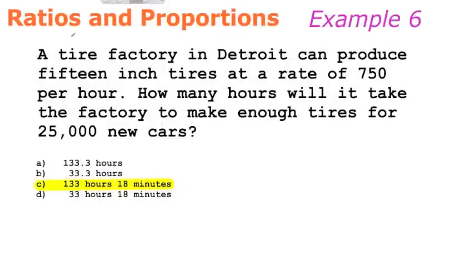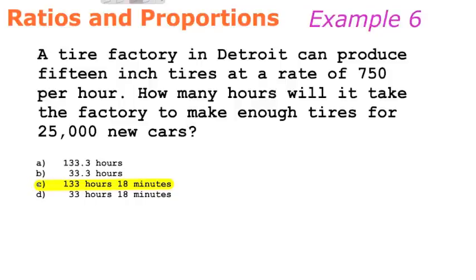Example 6. A tire factory in Detroit can produce 15-inch tires at a rate of 750 per hour. How many hours would it take the factory to make enough tires for 25,000 new cars? Well, you can see I've given you the correct answer here.